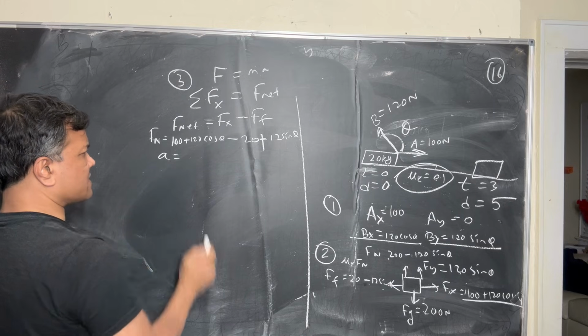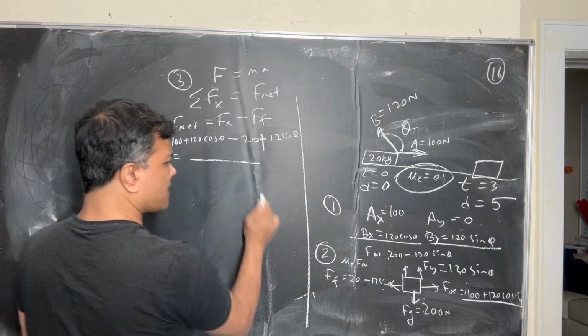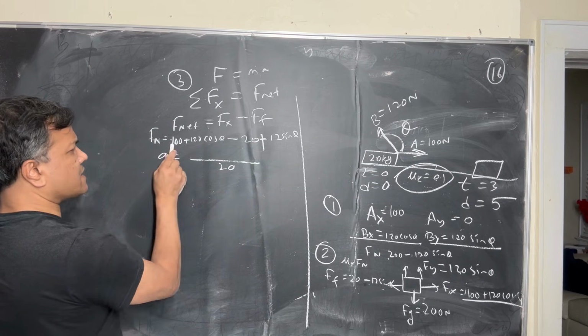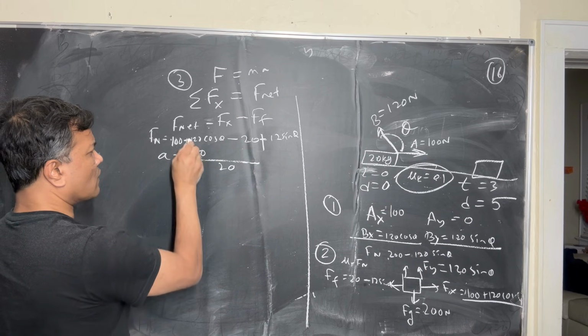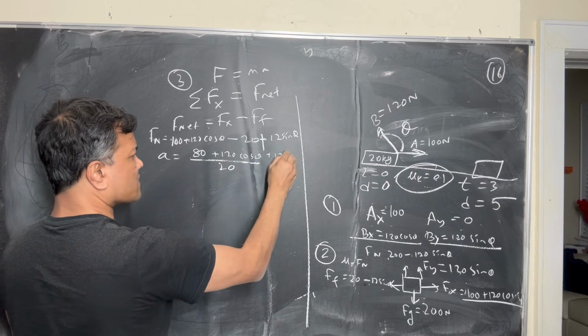So acceleration is F net over what? Mass. Mass is 20. F net is 100 minus 20, which is 80, plus 120 cosine theta plus 12 sine theta.